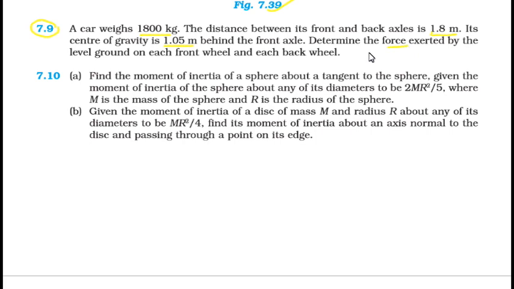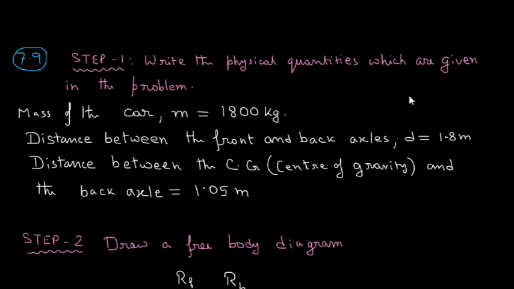So let us see how to do this sum. This sum can be solved in steps. First step, write the physical quantities which are given in the problem or which are known to us. So mass of the car is given as m is equal to 1800 kg.